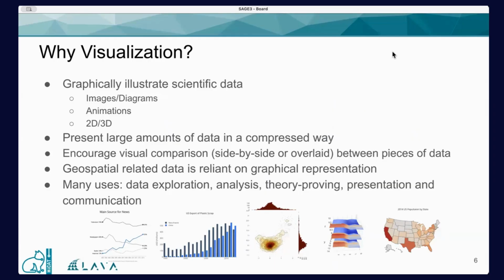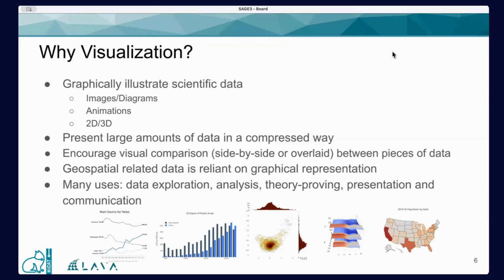It also helps us illustrate scientific data. For example, with geospatial data, it obviously makes more sense to visualize it rather than provide long positions in a big table.